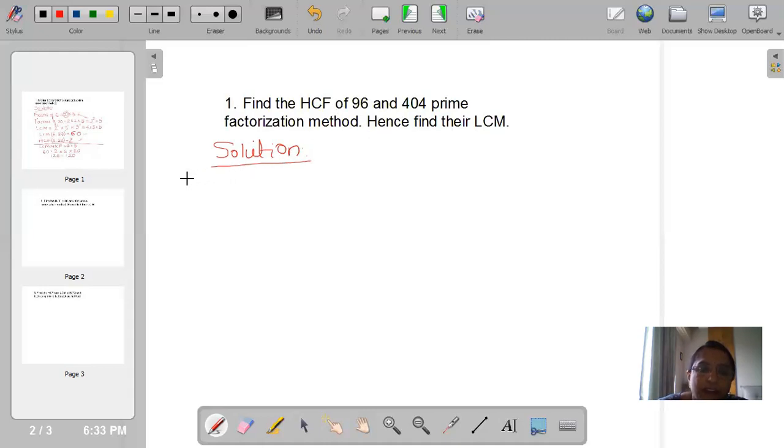So first, factors. Factors of 96 is equal to 2 into 4 is 8. Start with the smallest number. 2 into, again take its factors. 2 into 2, 2 2s are 4. Simple division I am taking. 2 into 2 into, again I'll take 2 here. 2 12s are 24.